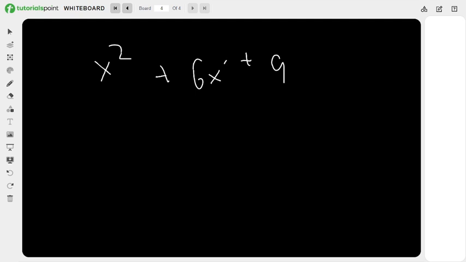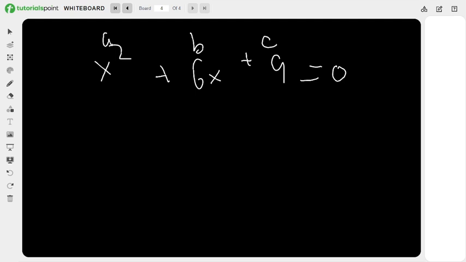Okay, so hopefully you guys got the answer right. Don't worry, I will follow the steps for you. We're going to set these equal to 0, and we're going to call our x squared a, and we're going to call our 6x b. We're going to call our 9 c, because, well, that's just what we do.